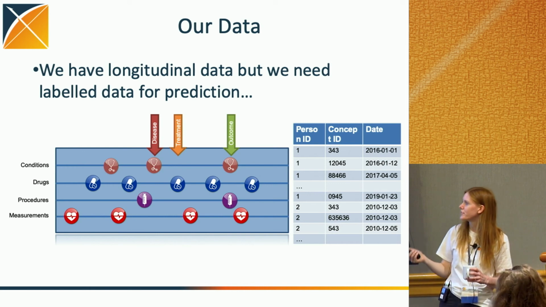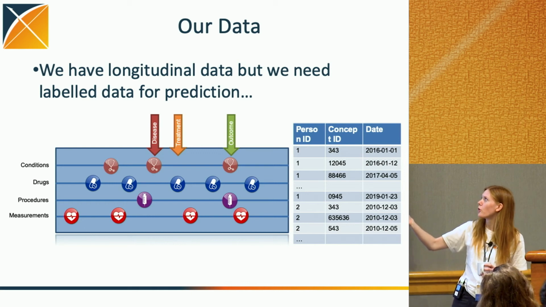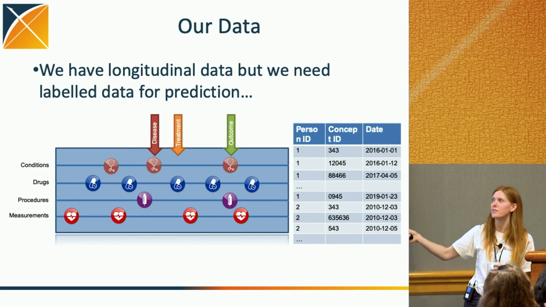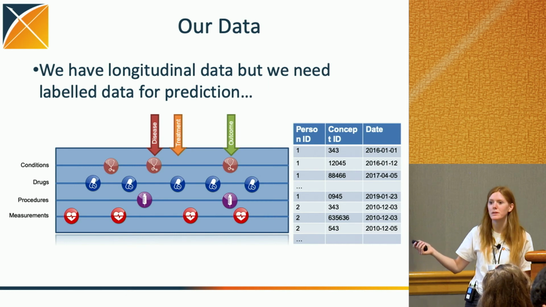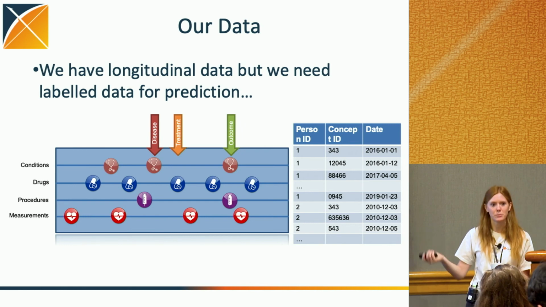And effectively your data in the CDM looks like, for a person ID like 1, you have some sort of concept ID that will tell you this is a condition, this is a drug, this is a condition, and you have the date stamp that they experienced it. So this is the data you currently have for potentially millions of patients. But this doesn't give you any label data right now. So we have to go from this to get the label data.